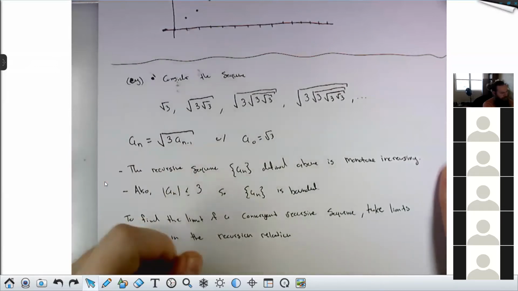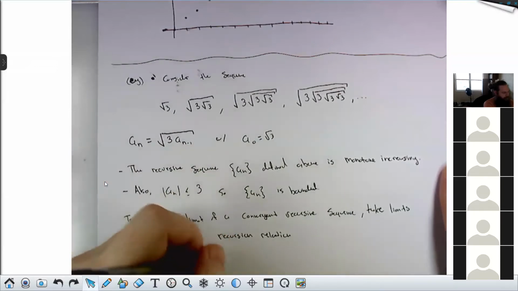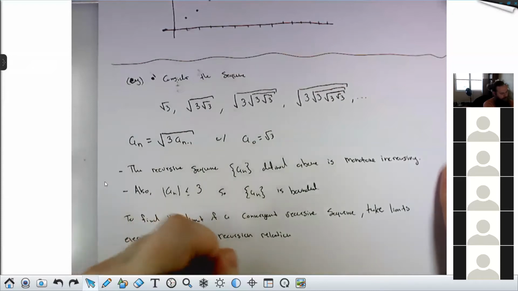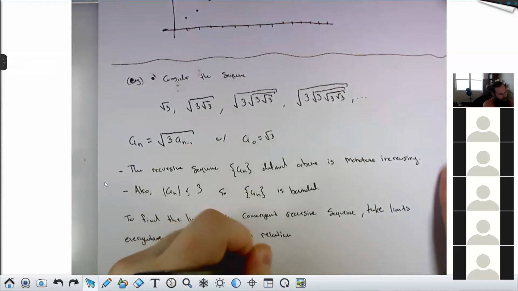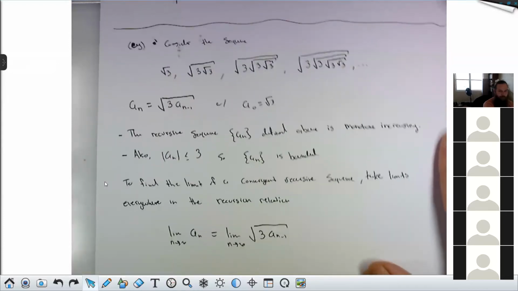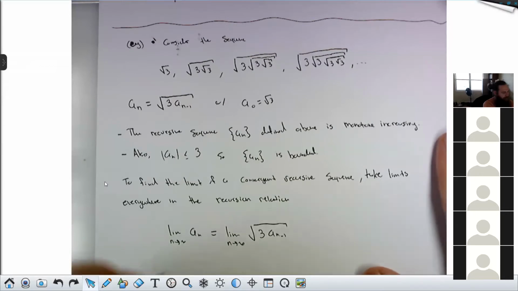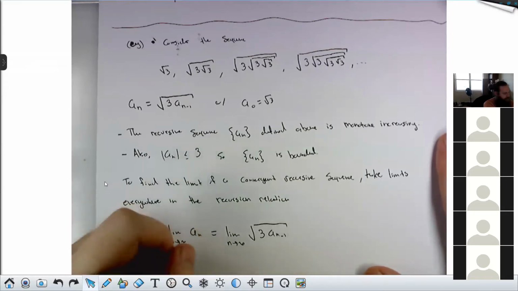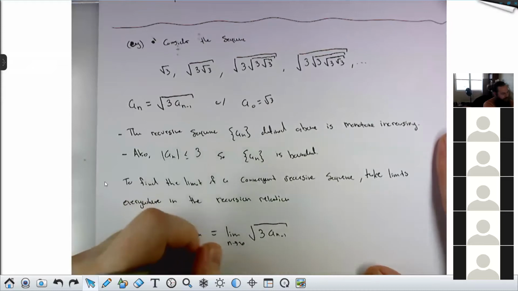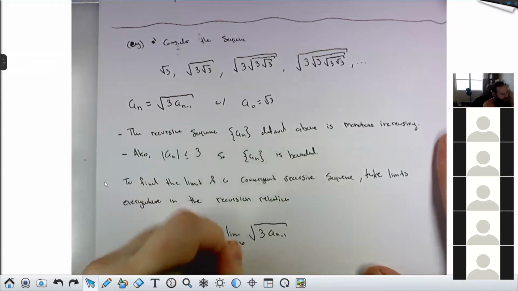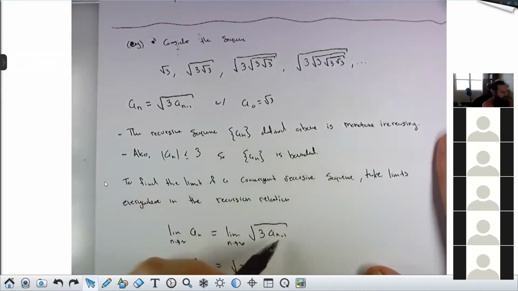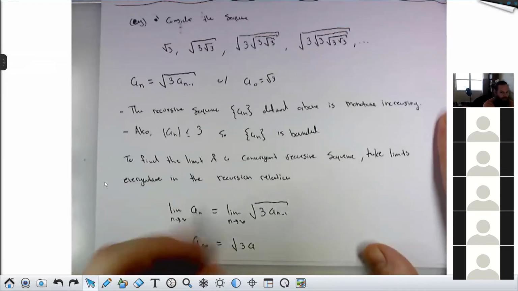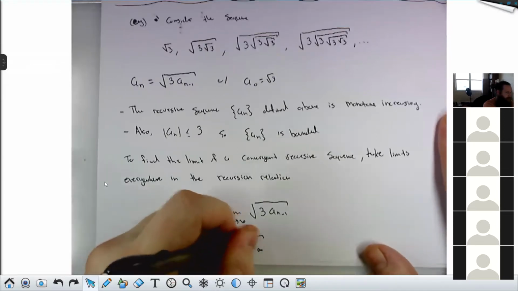The limit as n goes to infinity of A_n is equal to the limit as n goes to infinity of the square root of 3 times A_{n-1}. This is like saying A_infinity equals the square root of 3 times, well, as n goes to infinity, n minus 1 also goes to infinity, A_infinity.